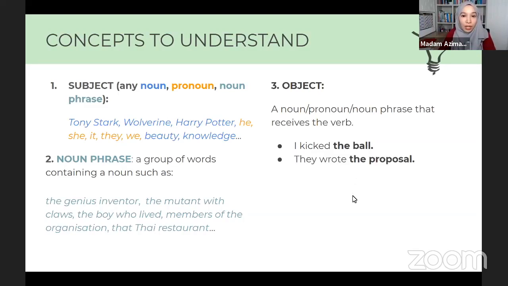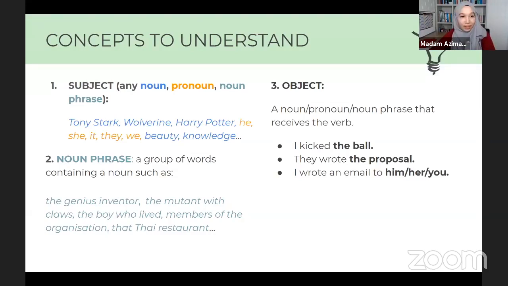They wrote the proposal. The proposal, noun phrase. I wrote an email to him, or to her, or to you. Him, her, and you are objects as well. They're pronouns. Objects normally appear at the end of a sentence if it's an active sentence. Clear, everyone? So far, so good?